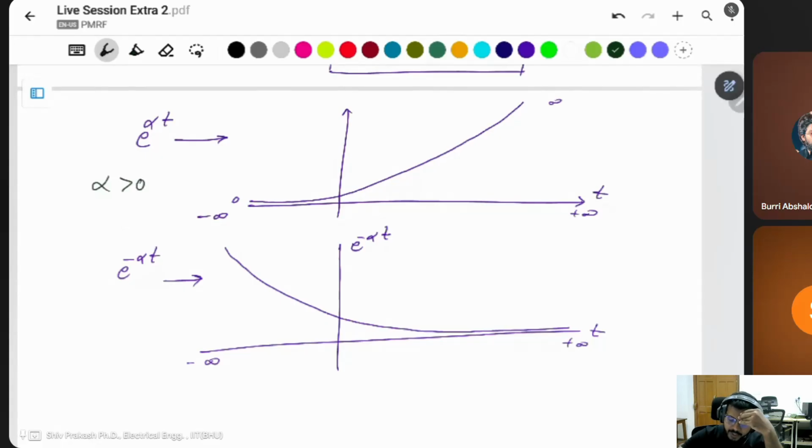If alpha is negative, then the same form will be changed. This will be e to power of alpha t, this will be e power minus alpha. That's why I write alpha is greater than 0. It will look like that.